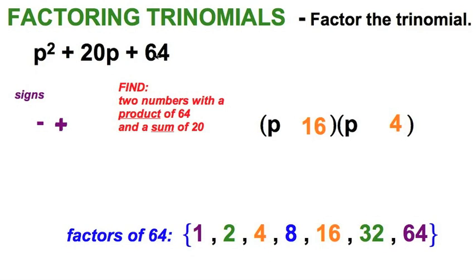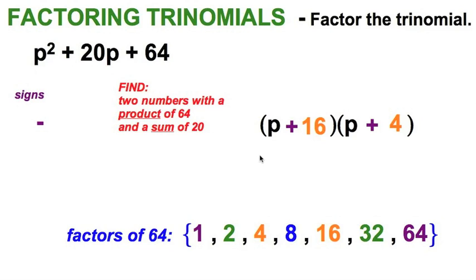And I've got a middle term that's positive. I can get two positives or two negatives. It must be two positives, since the middle term is positive. First, p squared, outer, plus 4p, inner, plus 16p. That's your 20p, plus 64.